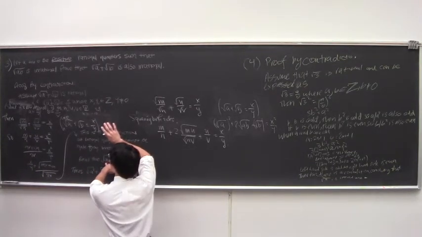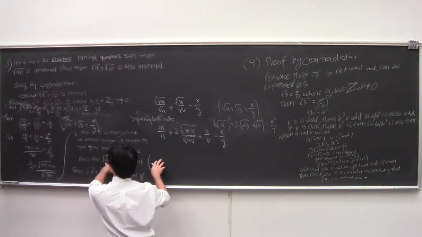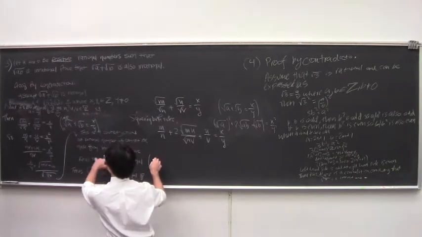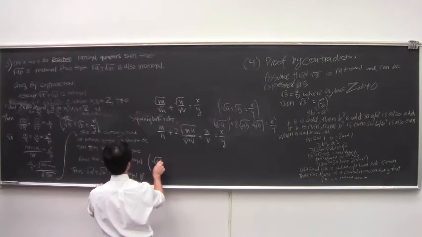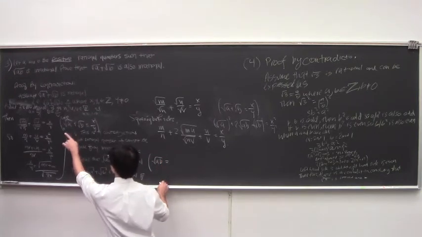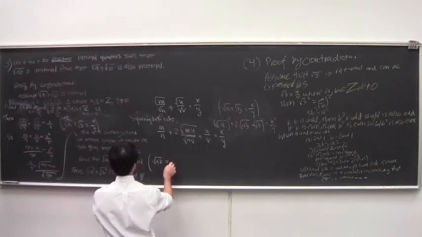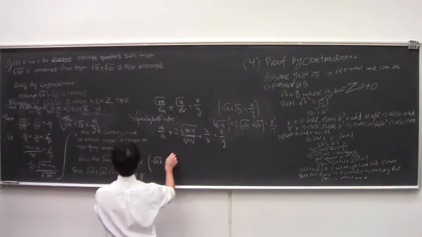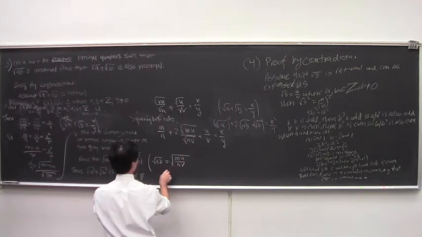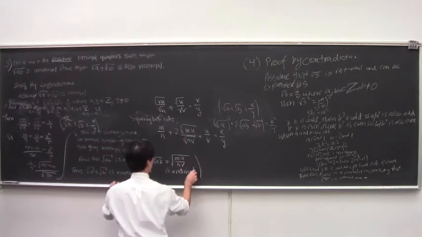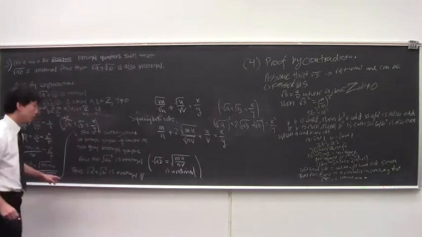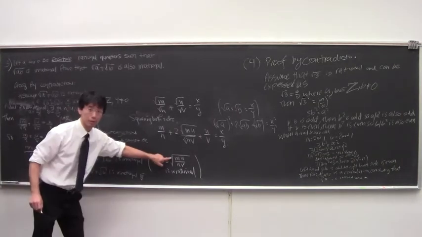By hypothesis we know that the square root of ab is irrational, and in your mn notation that's the square root of mu and v. So you know that this thing is irrational.